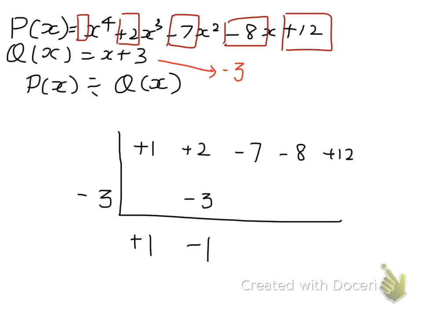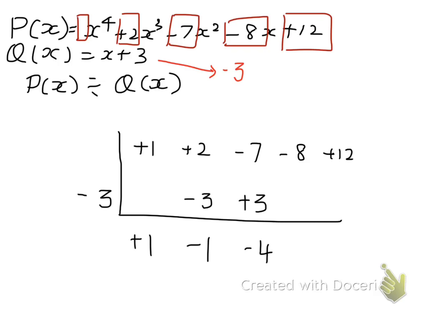After that, you multiply again, negative 3 and negative 1, and you put it down here, which is positive 3. Like I said, remember, write down the sign. And after that, you add this and put it down here, which is negative 4.